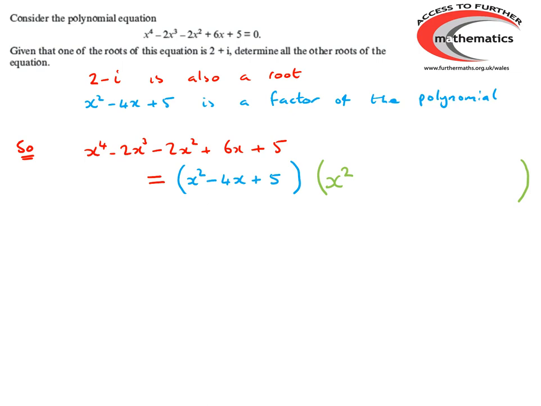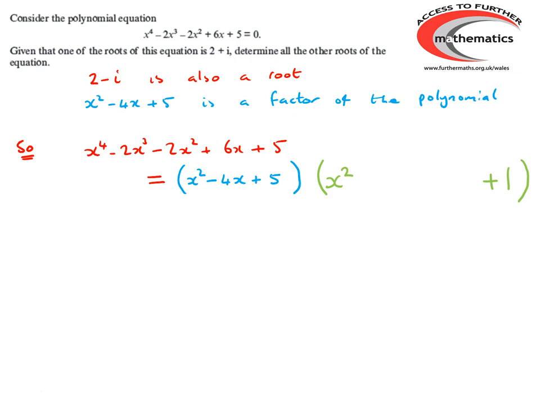At the far end of the second bracket, we're going to need a number. 5 from the first bracket times the number that we put in the end of the second bracket must multiply together to give me 5 on the left hand side. So what I must have there is simply a plus 1.